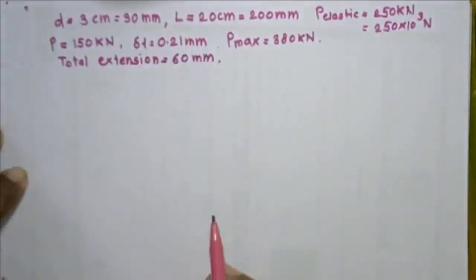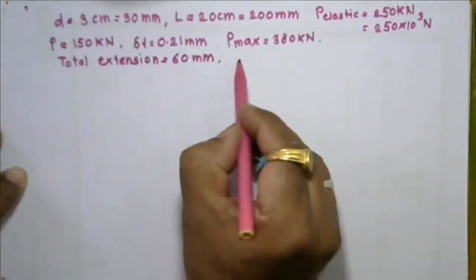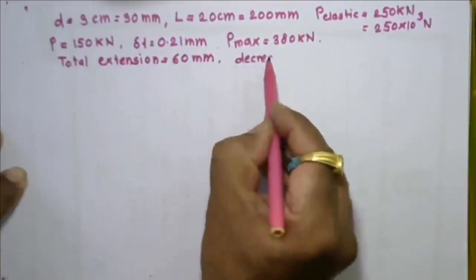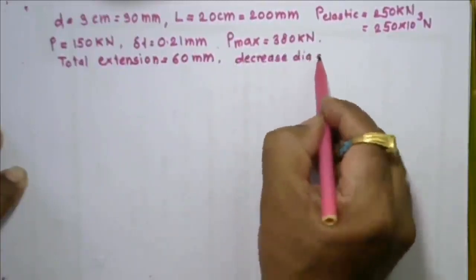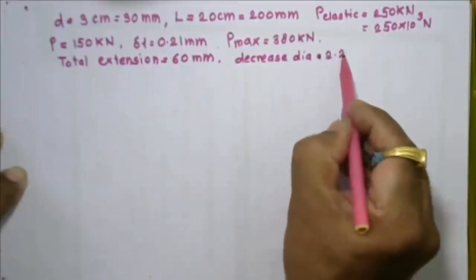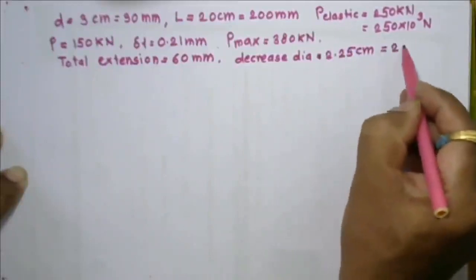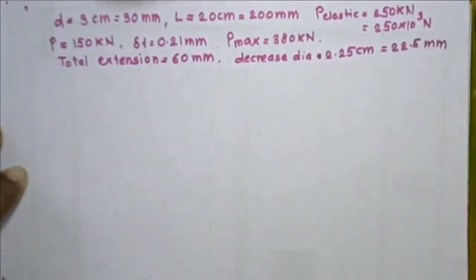And diameter of the rod at failure means the decreased diameter, or we may say the neck diameter, 2.25 cm. So we have to convert into mm, 22.5 mm.